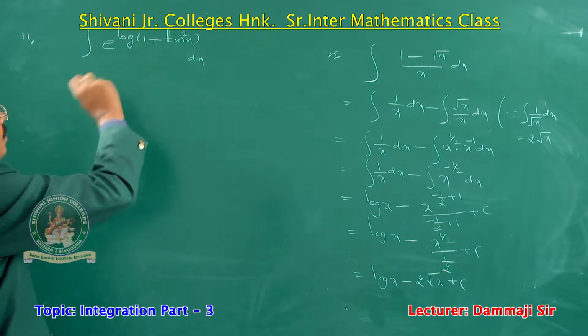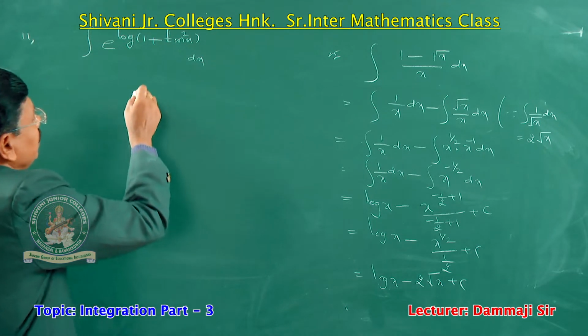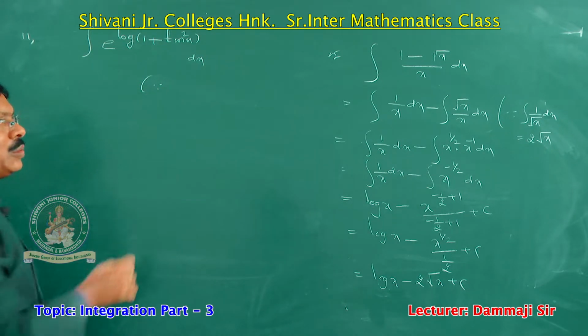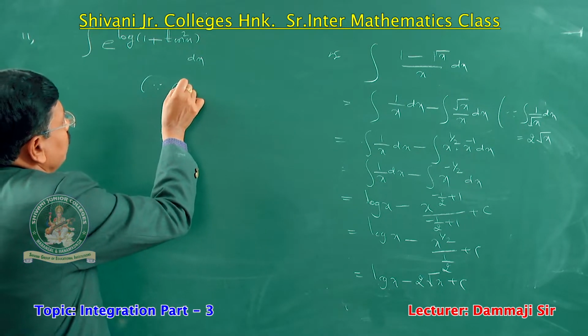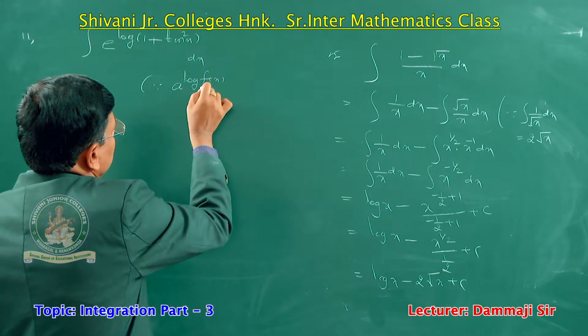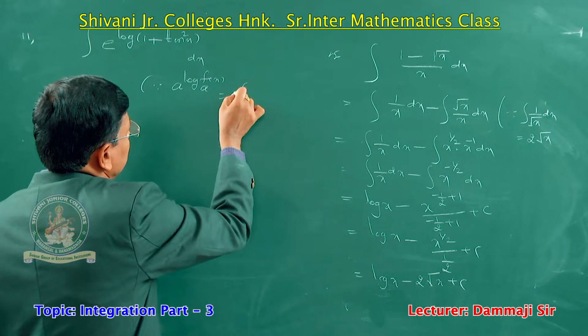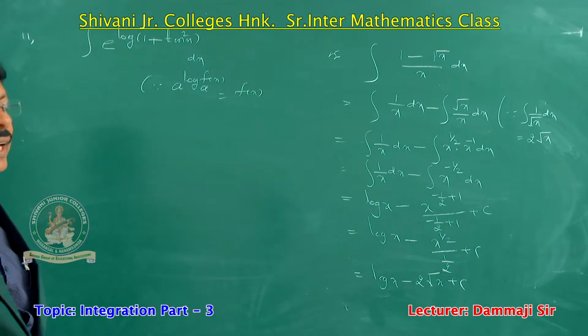But in the given problem, one is exponential and simultaneously logarithmic. According to the properties of logarithms, one formula is a power log f of x to the base a is f of x.